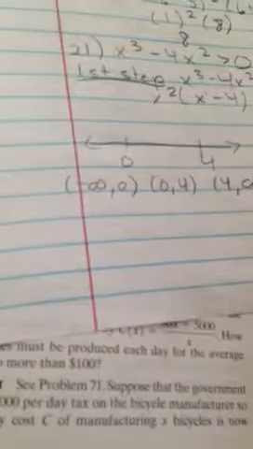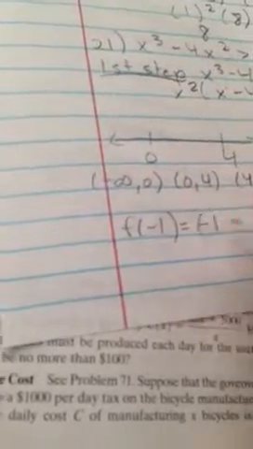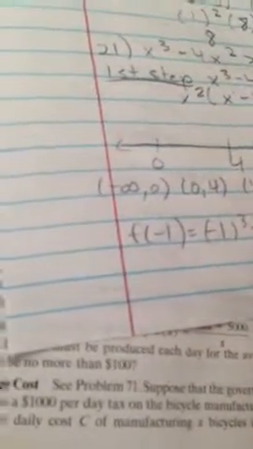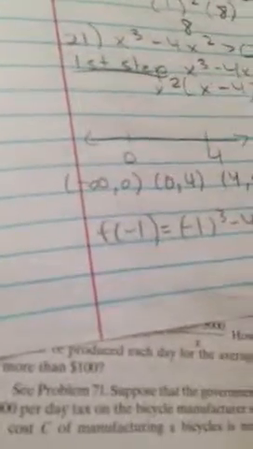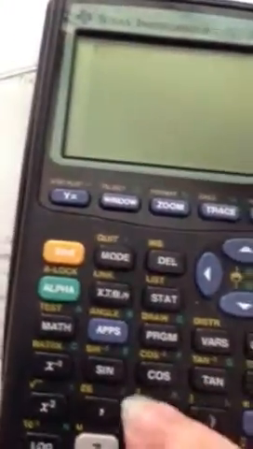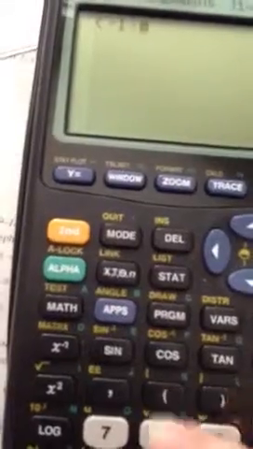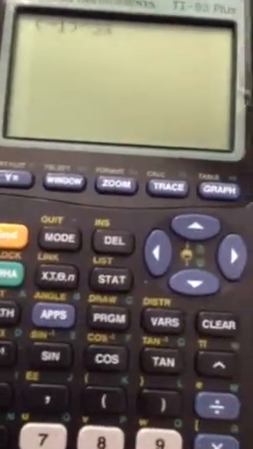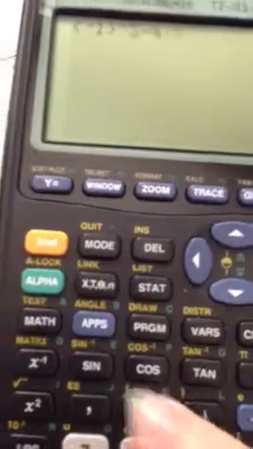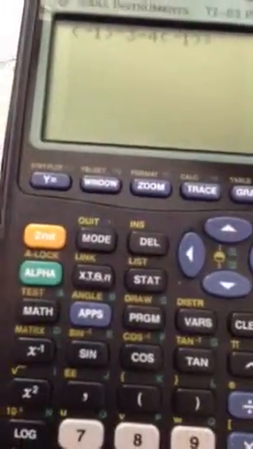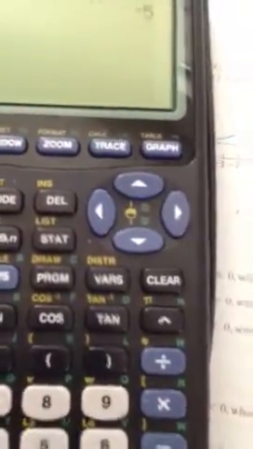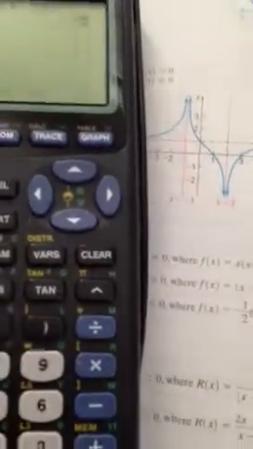So from negative infinity to 0, we'll do the function of negative 1, negative 1 cubed minus 4 times negative 1 squared. I'm going to do it on my calculator.